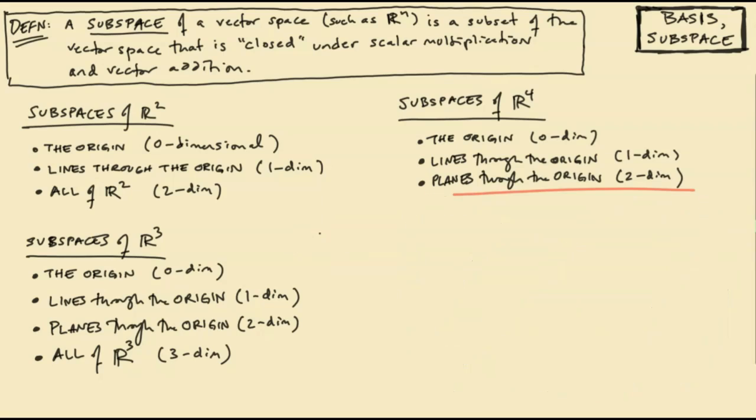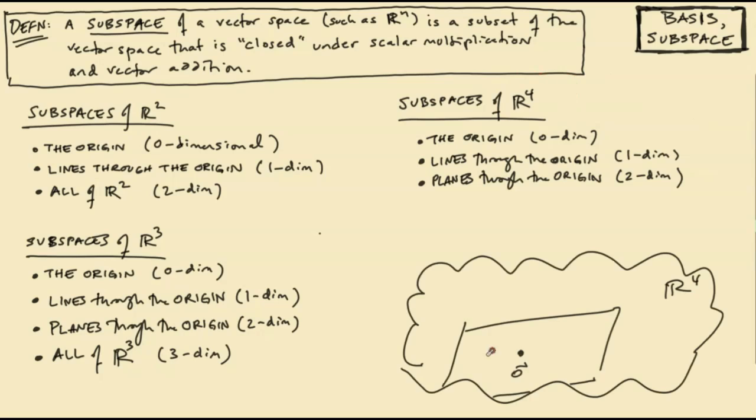But anyway, planes through the origin, ordinary two-dimensional planes, are subspaces of R4. So if I have some plane through the origin in R4, and it is part of some subspace, but the subspace contains more than that plane. It contains some point and therefore some vector lying outside of that plane. Well, then I can pick any two linearly independent vectors in the plane, and I know that those three vectors, being linearly independent, will generate a clean grid and therefore span an entire three-dimensional space.